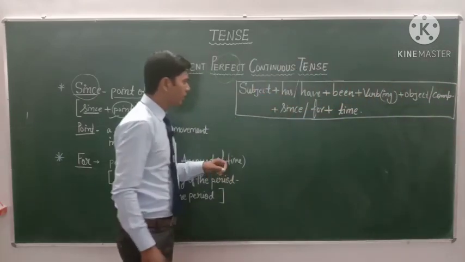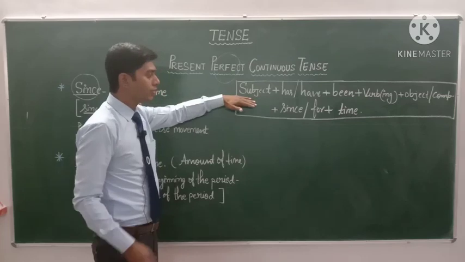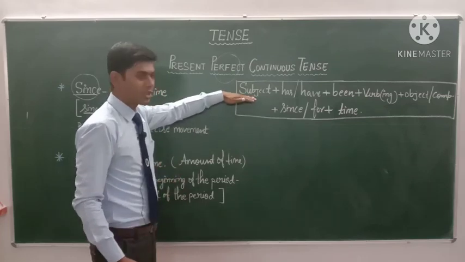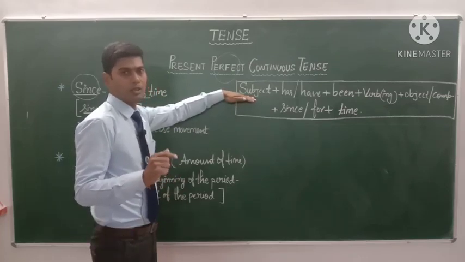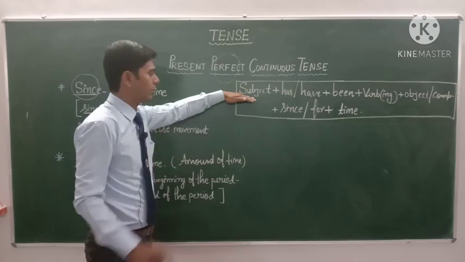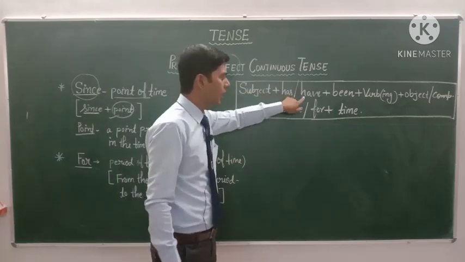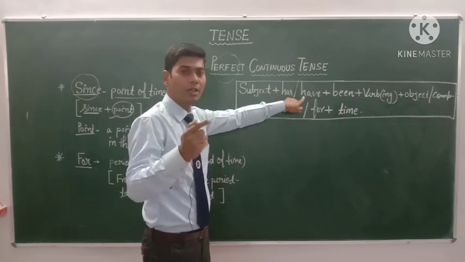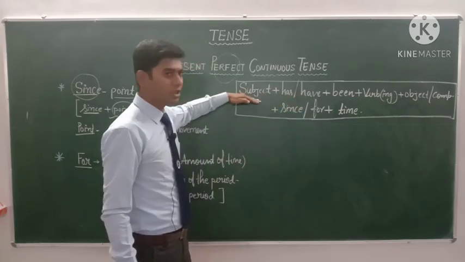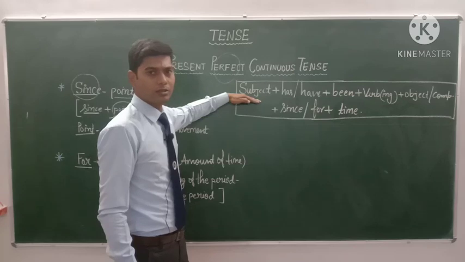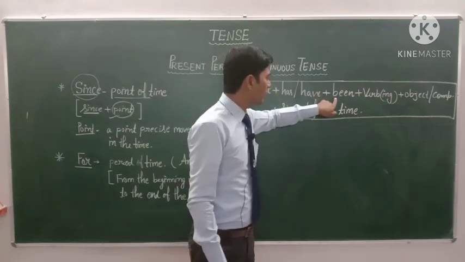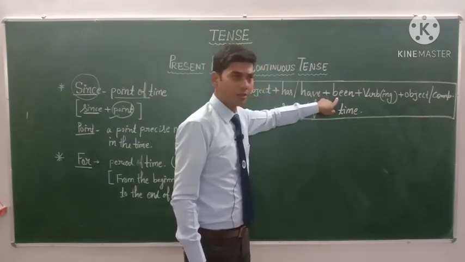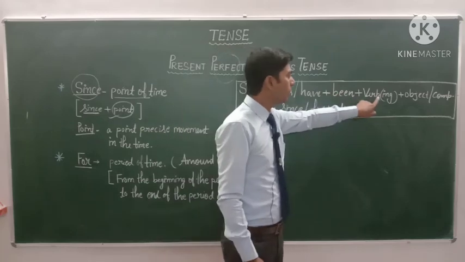First of all, we should note down the subject of the statement, the main word of the statement. After that, has or have, as per the rule, as per the need or requirement of the mentioned subject in the particular sentence. After that, there should be been and verb ing.